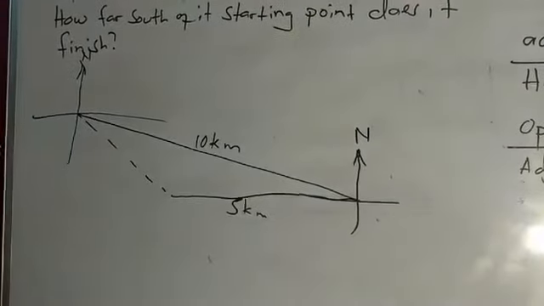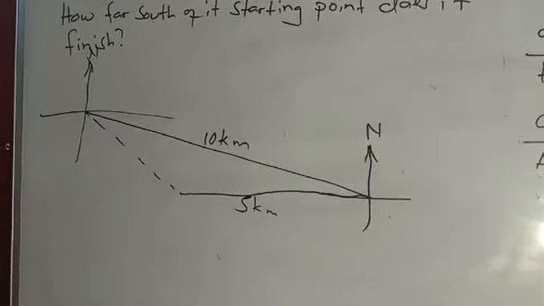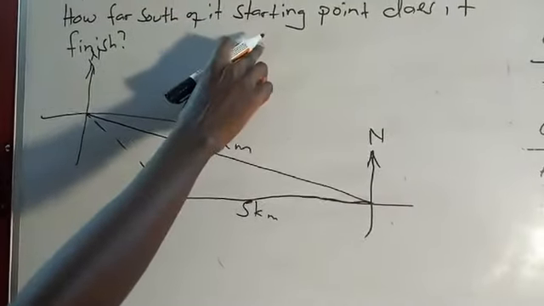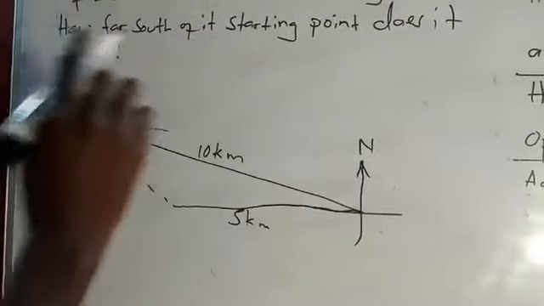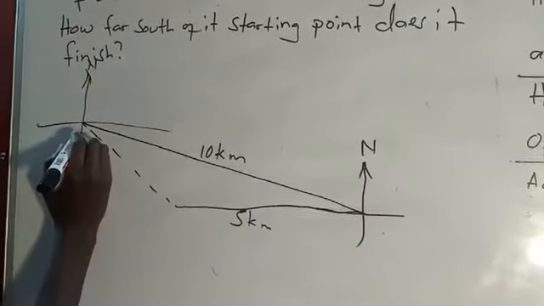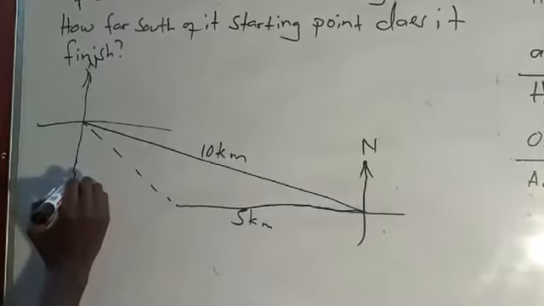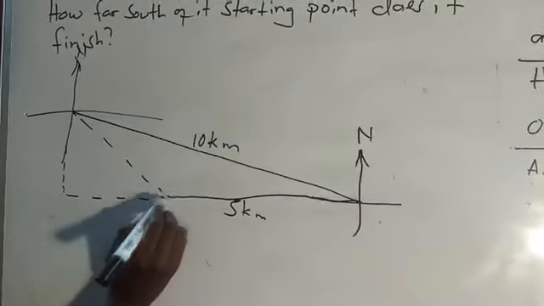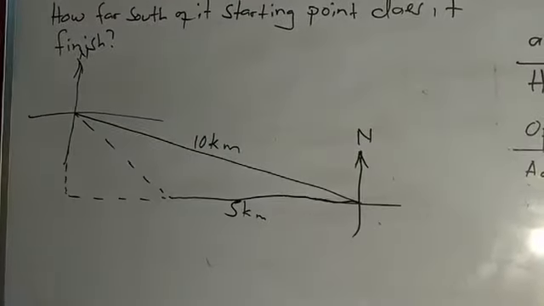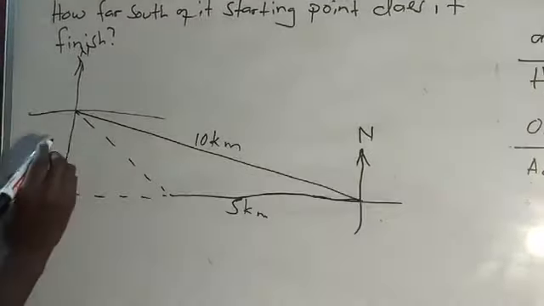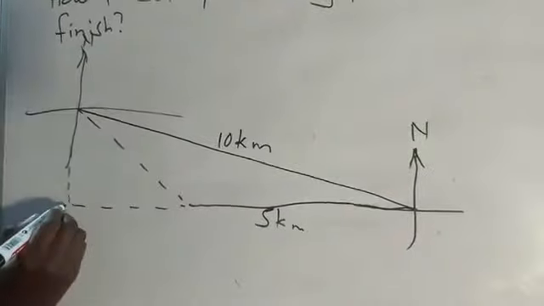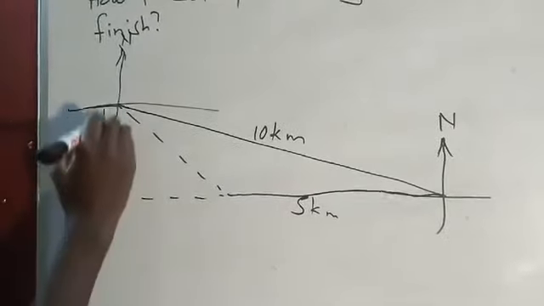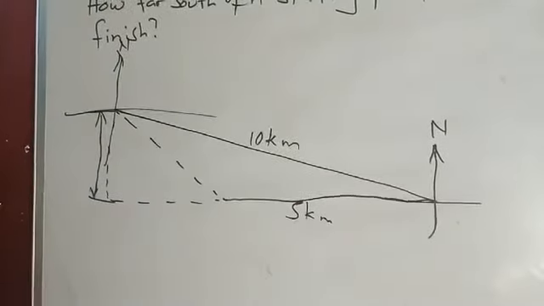It's stopped here, but they have told us how far south of its starting point does it finish? So here is its south of a starting point. So they have told us to find this distance here, from here up to here. This is the required distance.